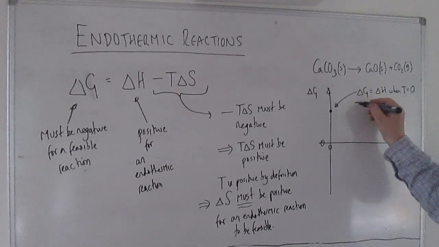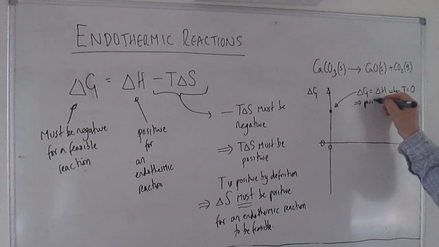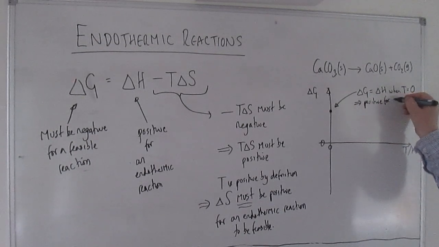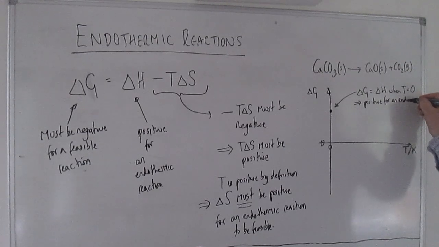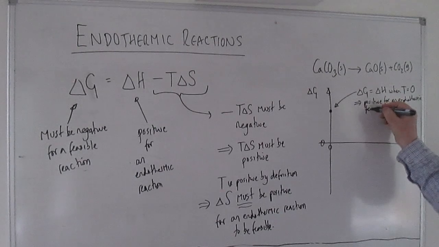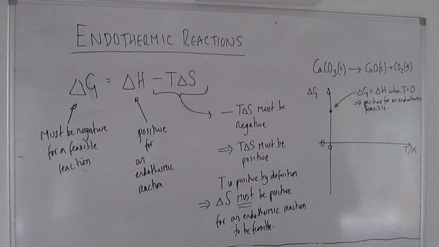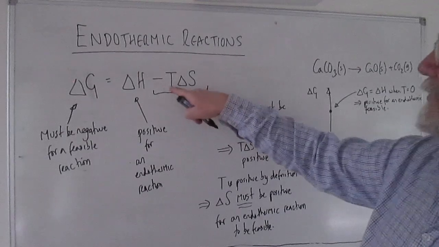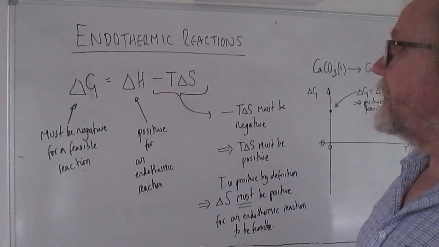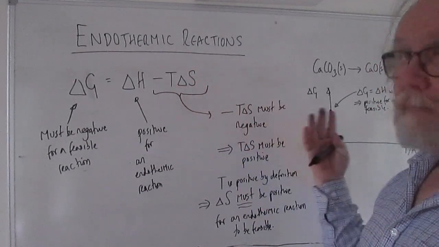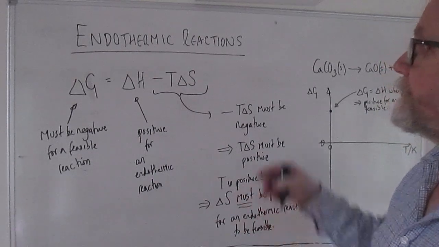It's positive, therefore, for an endothermic reaction. And if delta G is positive, that means it's not feasible at that temperature. However, once we start to increase T above 0, this term appears and gets bigger in magnitude as T gets bigger.